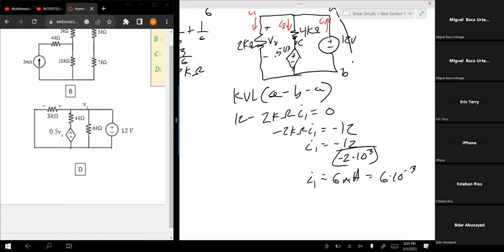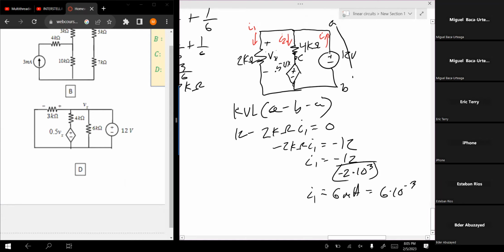So the way that I had done this was, okay, let's look back at this resistor that I have here. Let's not forget Ohm's law. V equals IR. So my VX across that resistor is equal to the current, which is 6 times 10 to the negative 3, times the resistance, 2 times 10 to the 3.